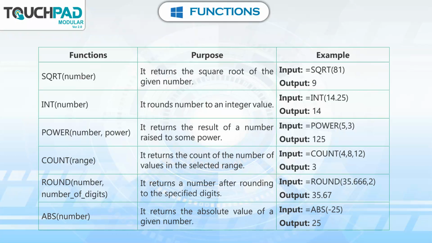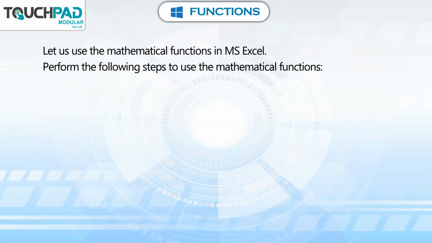Input: equals ROUND(35.666, 2). Output: 35.67. ABS, number. It returns the absolute value of a given number. Input: equals ABS(-25). Output: 25.